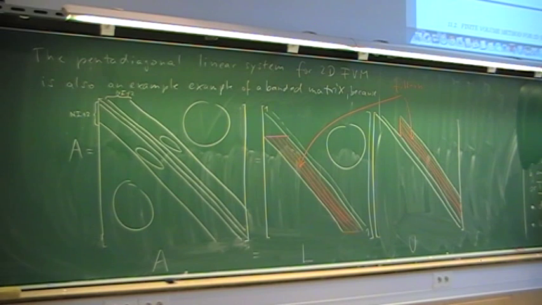We can actually analyze the amount of work, that is floating point operations, that we need to do, and we can also count the number of unknowns that we would need.